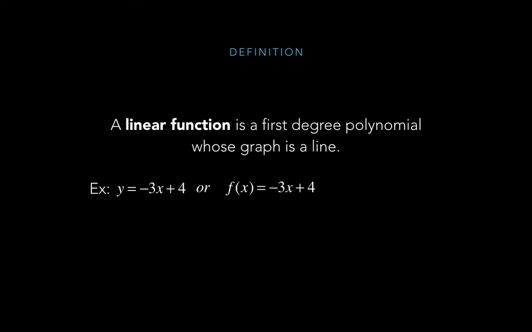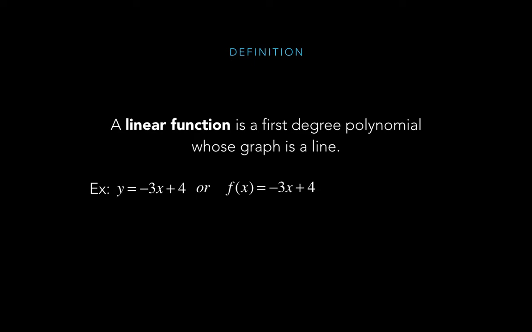A linear function is a first-degree polynomial whose graph is a line. And below you'll see two examples of how a linear function might be written. It could be written y equals, and then notice we just have a polynomial here with the highest degree being 1.